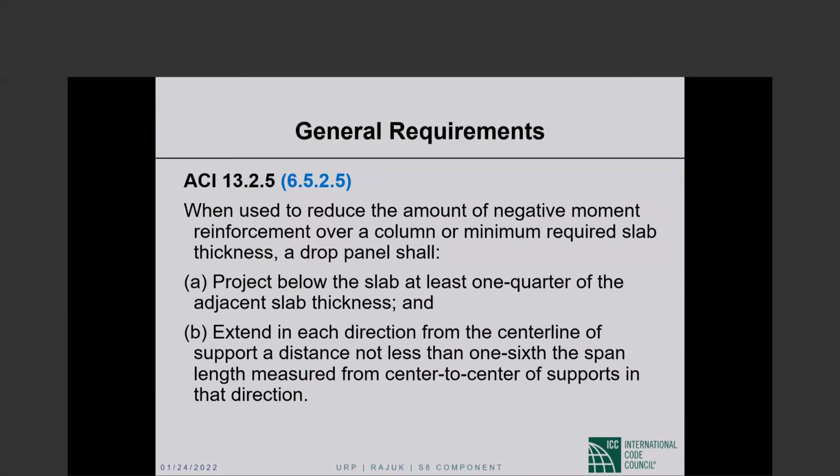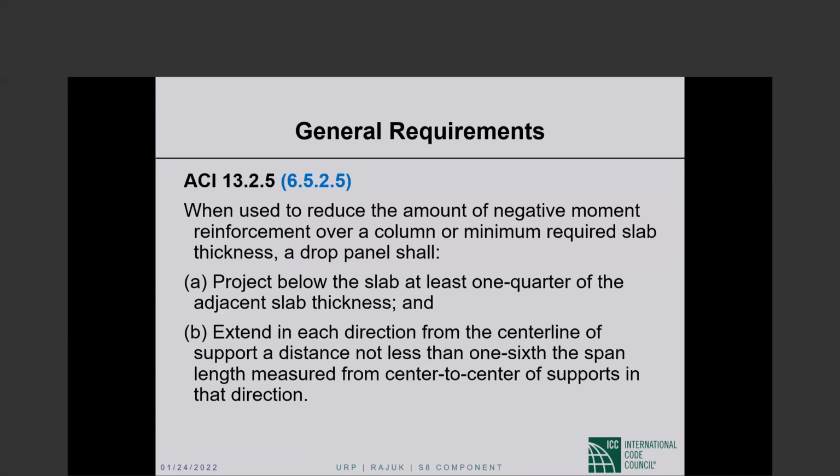So the local thickening of the slab, I said, is mainly for reasons of punching shear, but it is also utilized to reduce the amount of negative moment reinforcement over the column or to reduce the minimum required slab thickness outside of the drop panel.